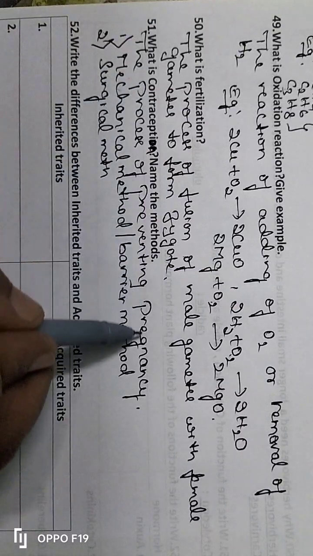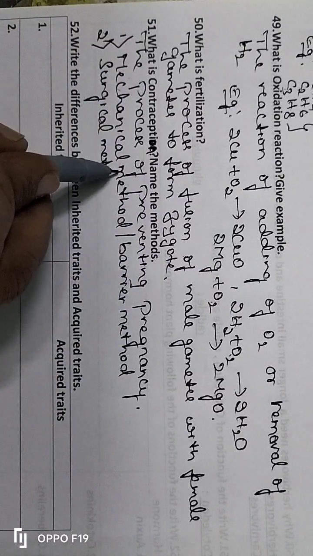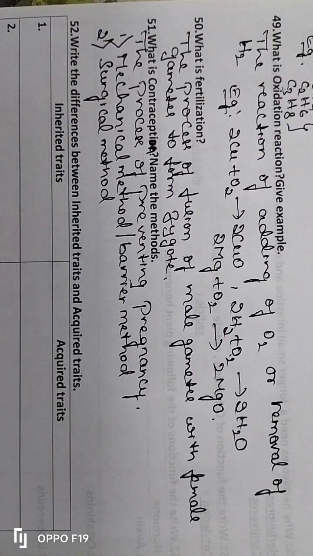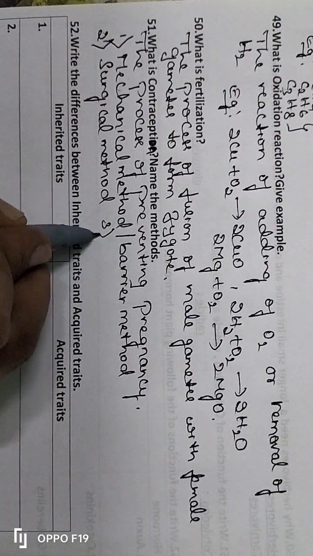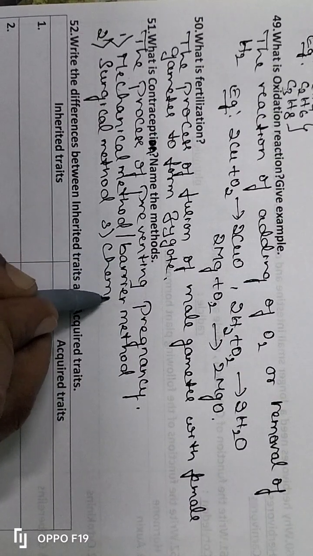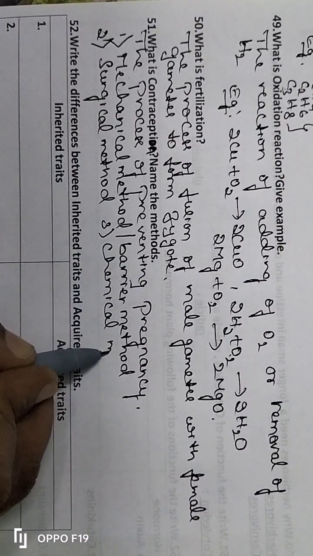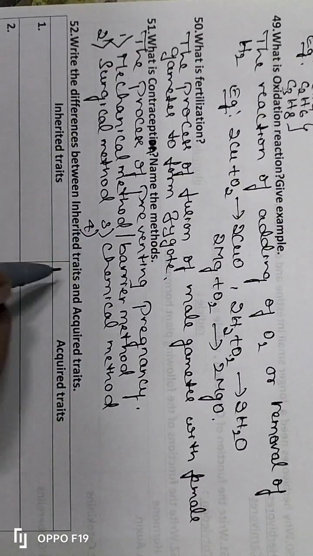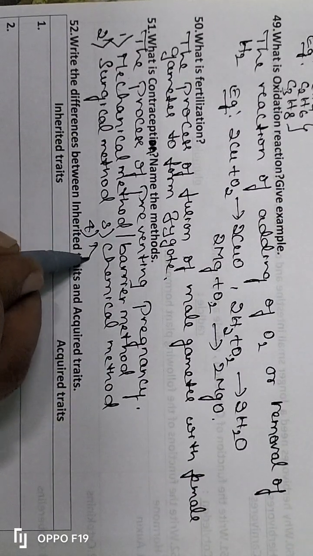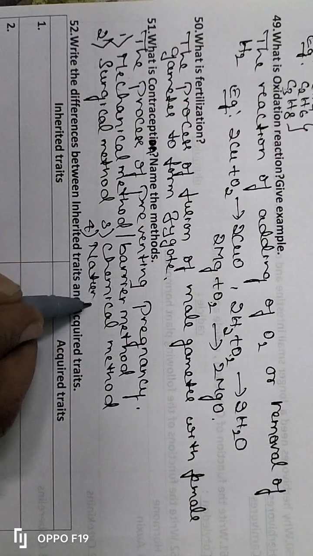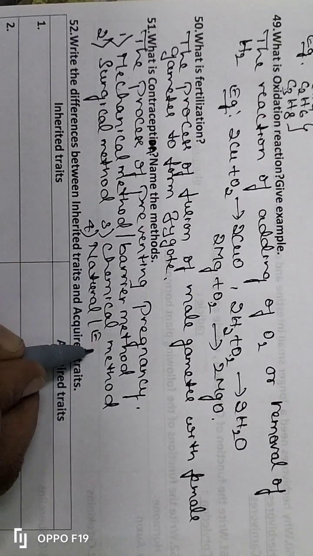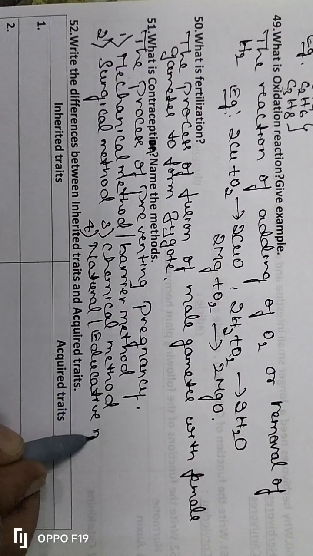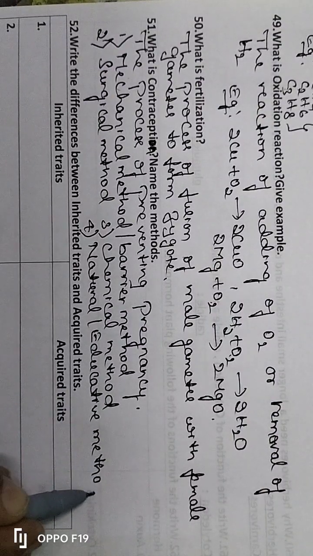Contraception is the process of preventing pregnancy. The third method is called chemical method, and the fourth method is the natural method, or it is called educative method. So these are the four methods used to avoid pregnancy, or contraception.